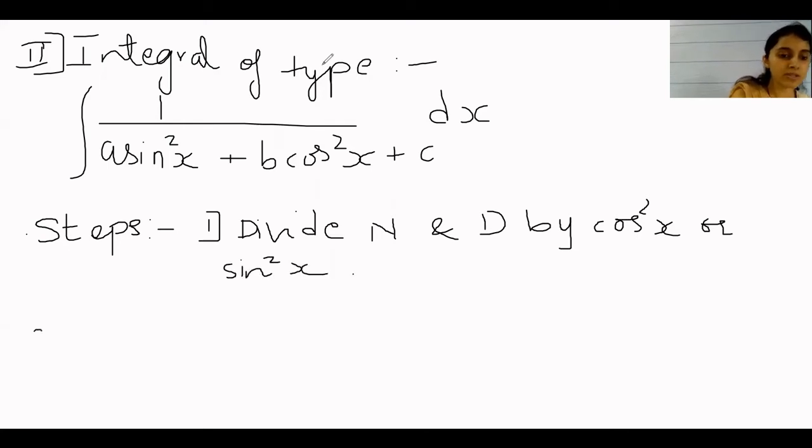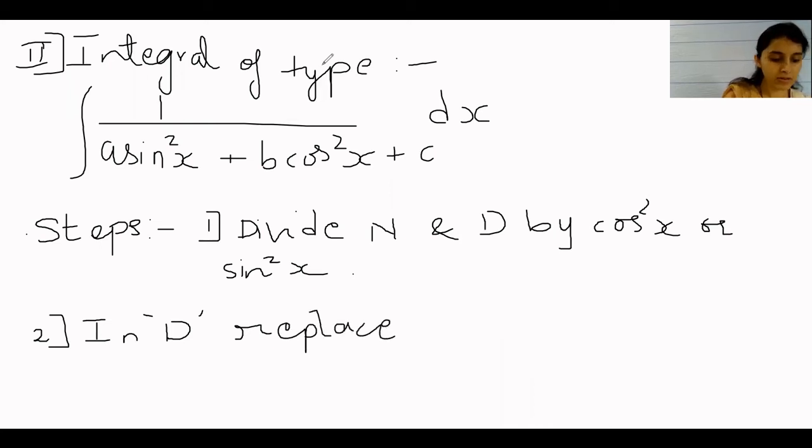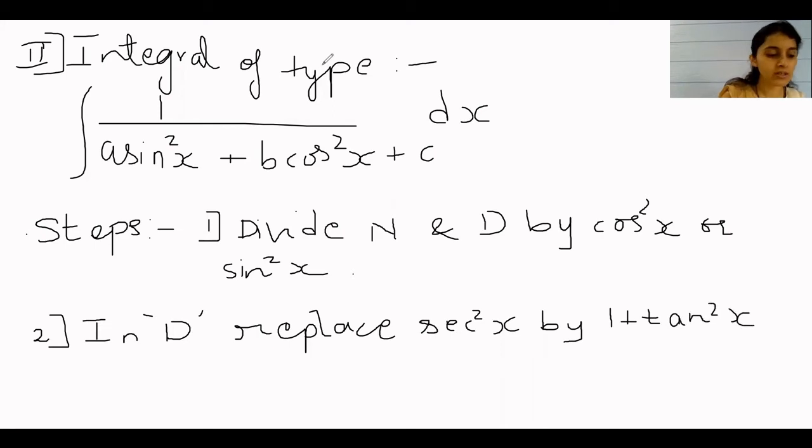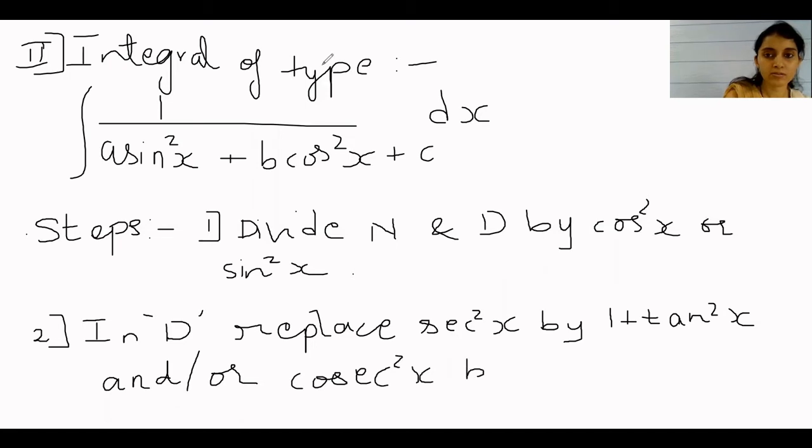Then second one: in denominator, replace sec square x by 1 plus tan square x, or cosec square x by 1 plus cot square x, if it exists.